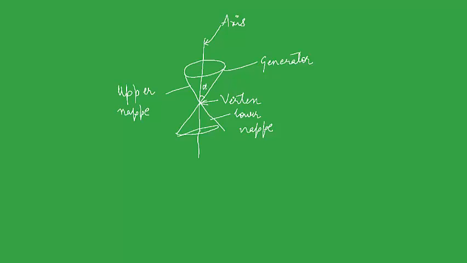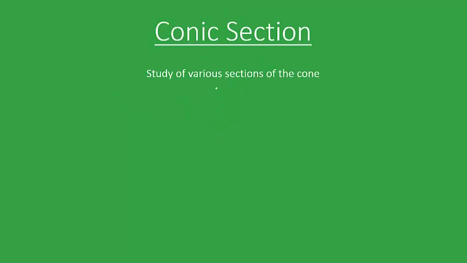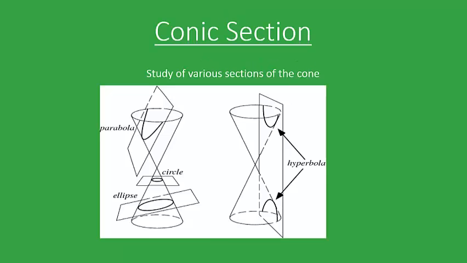As you have seen, the name of the chapter is conic sections, so we'll be studying different sections. What do we mean by a section? This is how we construct a section of the cone.